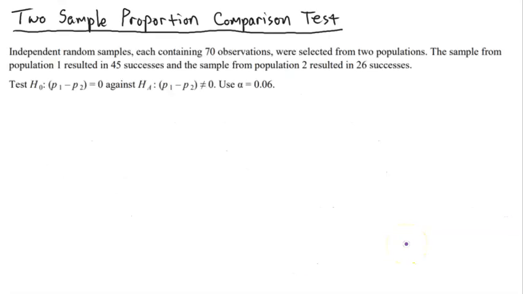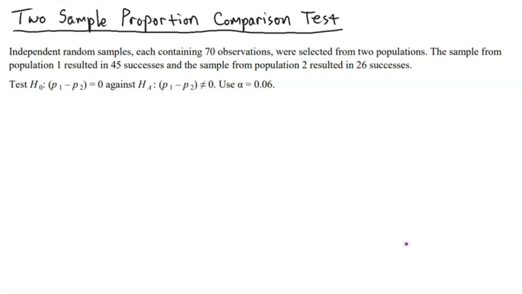All right, before we get started on going through the steps, I just want to show you an example of one way that you can ask the question. You'll be told that there are independent random samples, two of them. We'll have two populations, right? We'll have population 1 and population 2, okay?